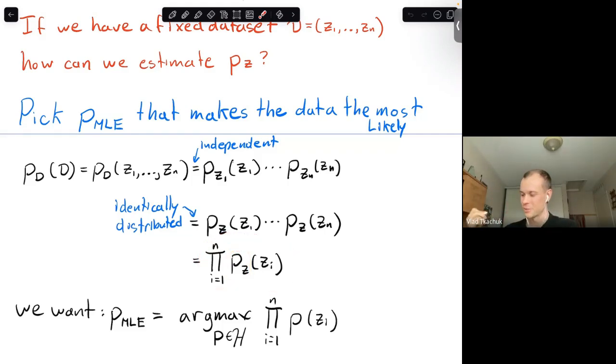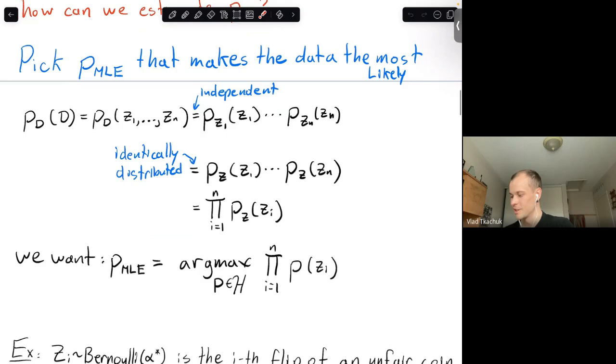So the approach of maximum likelihood is to say, I don't know what P of Z is, and for different P of Zs, there are different likelihoods of the data that I got occurring. Since I don't know what P of Z is, my best estimate is to pick the P of Z that makes the data I saw the most likely.